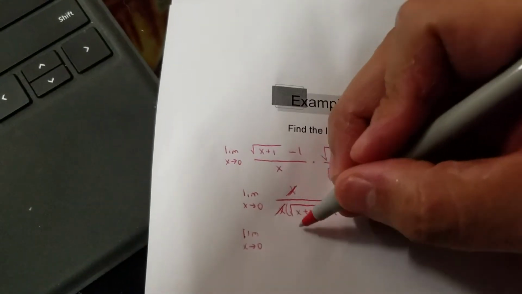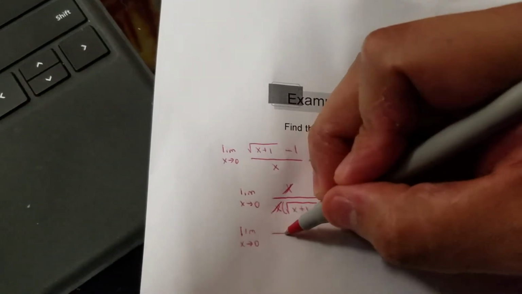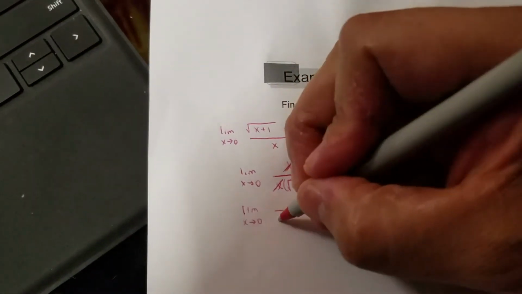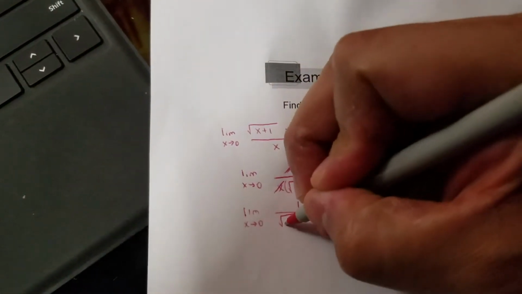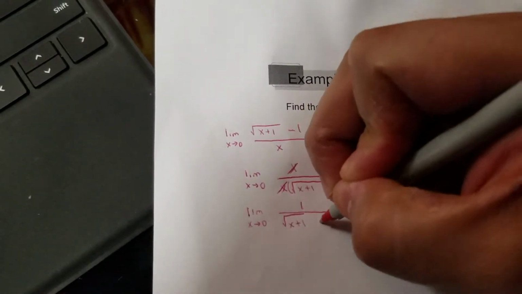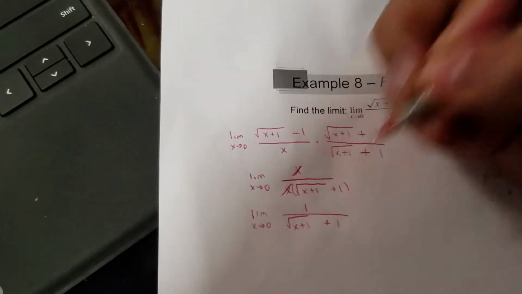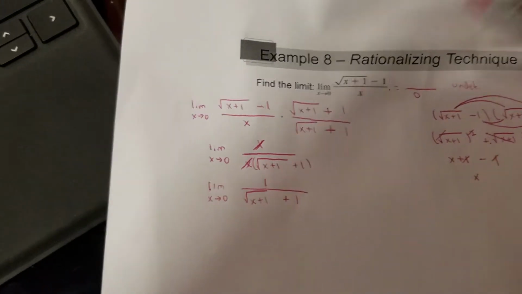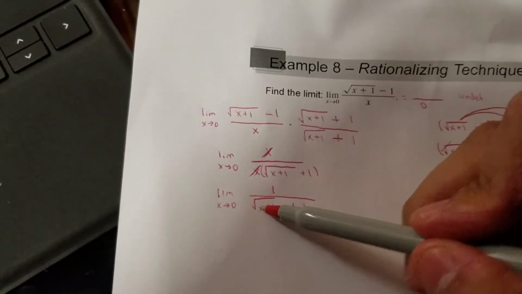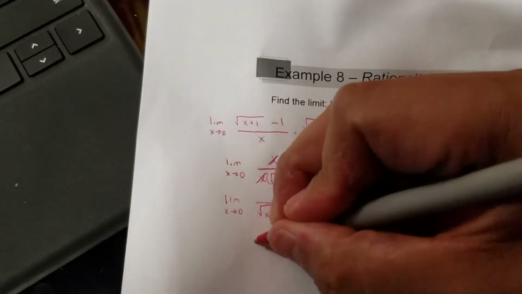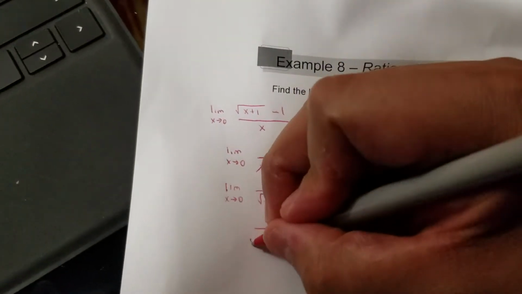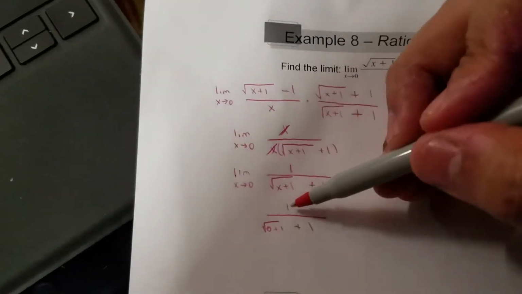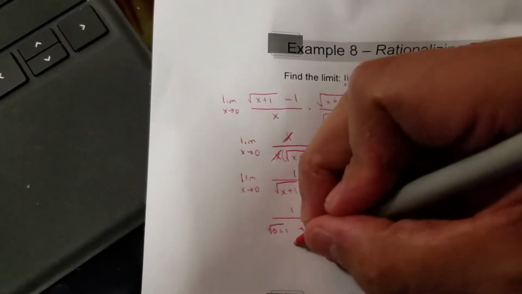So since I canceled this x up here, I'm just left with a 1. And then with this right here. Okay, so now if I try and plug in the 0, which I'm going to do, I see that 0 plus 1 is equal to 1.